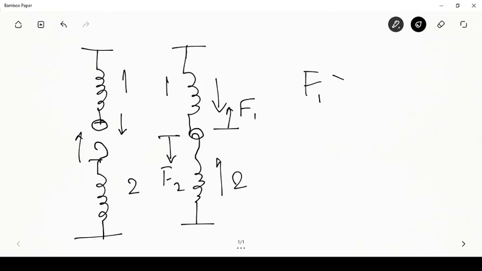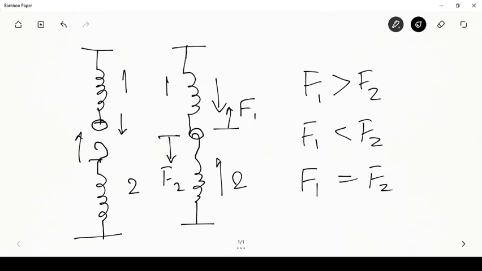F1 is greater than F2 and F1 is less than F2 and F1 is equal to F2. Okay. These are the three possibilities that are there depending on how much we stretched one, how much we stretched two, and what the spring constant of the first one is, what the spring constant of the second one is. Depending on that, we would have F1 exceeding F2 or F1 less than F2 or F1 equal to F2.